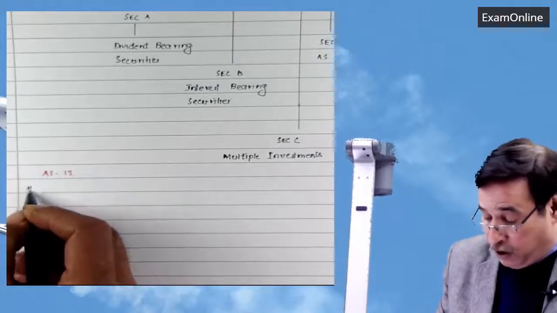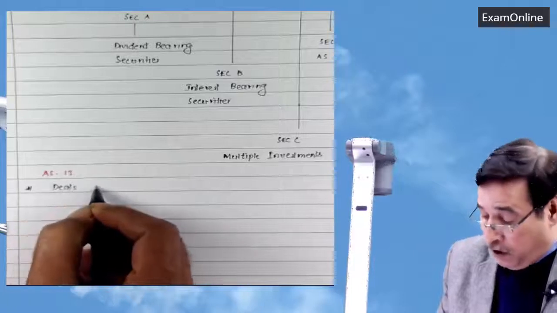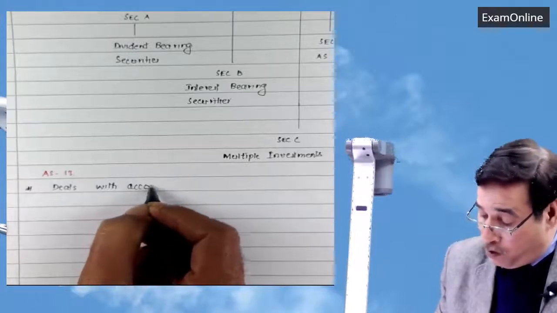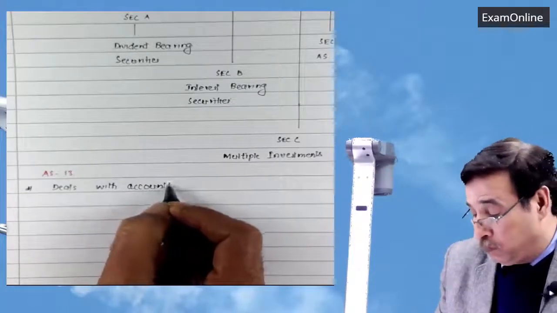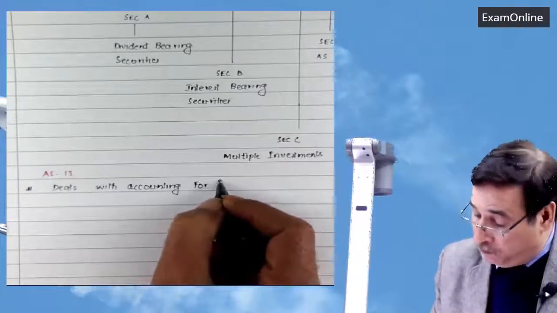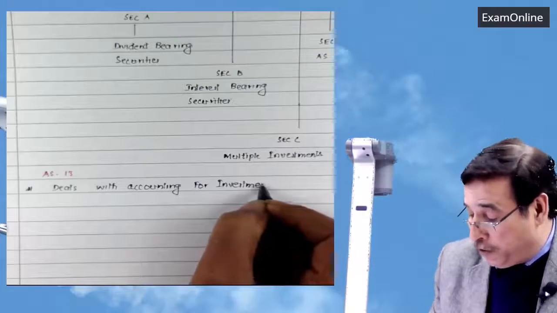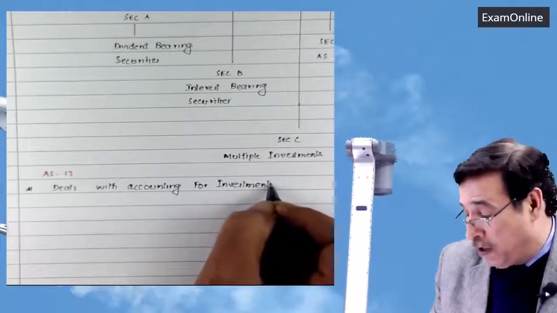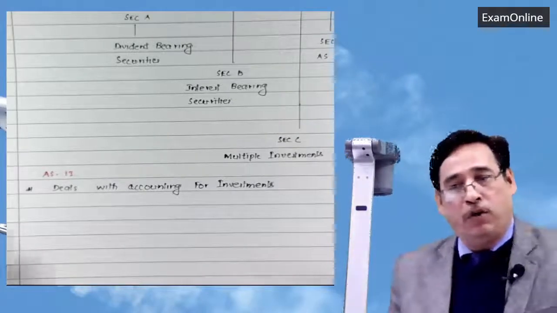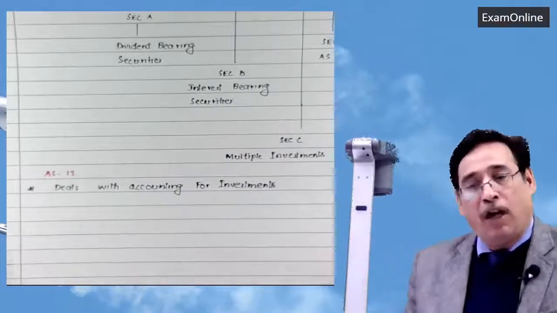AS 13 deals with accounting for investment without any iota of doubt. When an entity or an individual makes investments, how those investments should be recorded, how those investments should be categorized, at what value those investments should be carried in the financials, meaning financial statements, and how those investments should be disclosed.